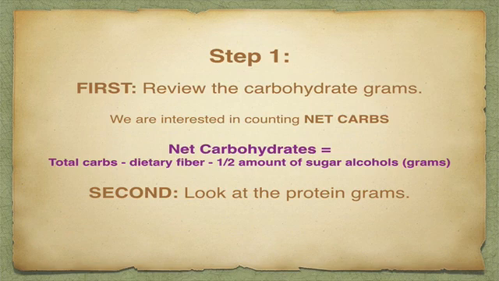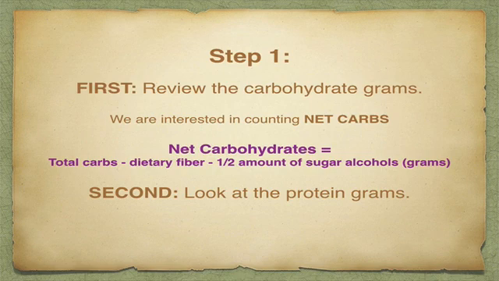And we can also subtract 1/2 of the amount of any sugar alcohols that are contained in the particular food item, if it contains any. So net carbohydrates equals total carbohydrates on that main bold heading minus any dietary fiber. So you don't have to break that down into soluble and insoluble, just the dietary fiber total. And subtract 1/2 of the amount of sugar alcohols.